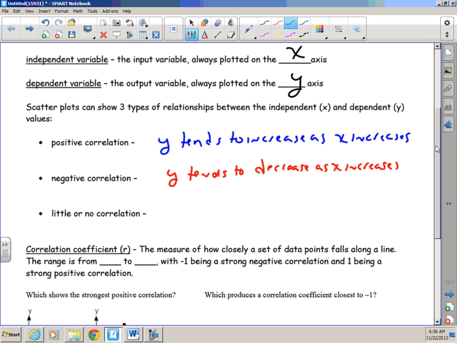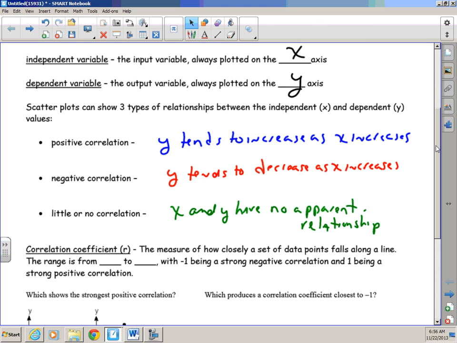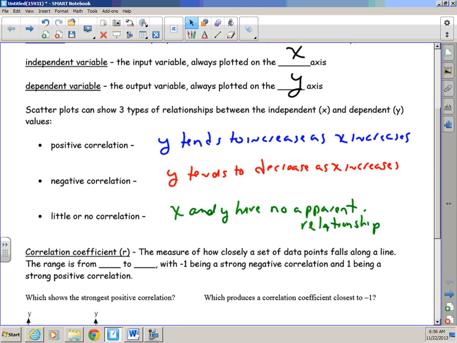And then little or no correlation means x and y have no apparent relationship. A lot of times when you look at the data we're comparing, it becomes somewhat obvious what the situation would be.